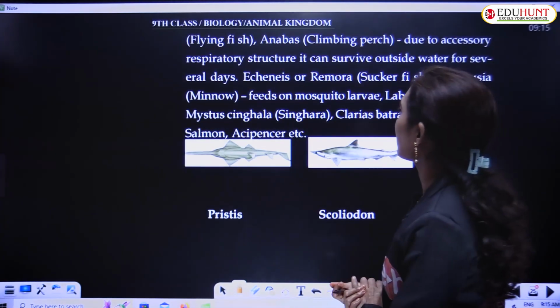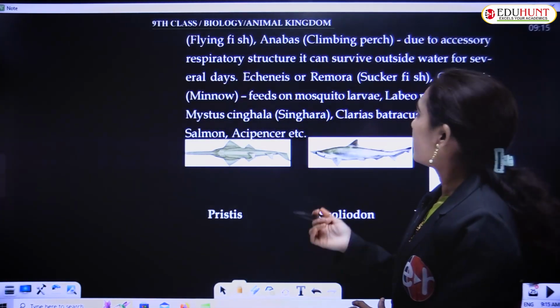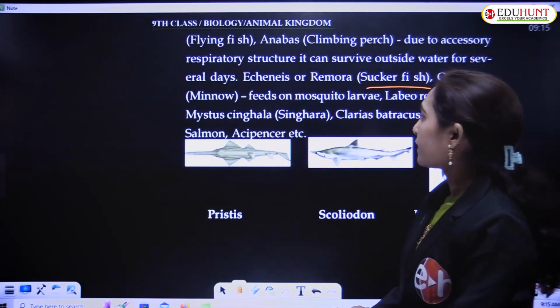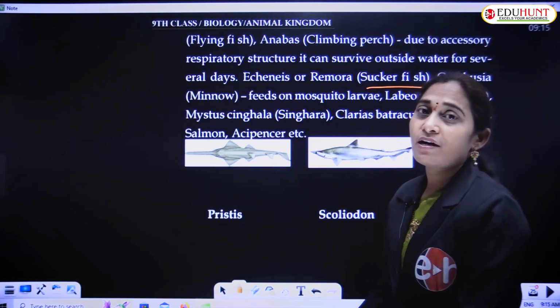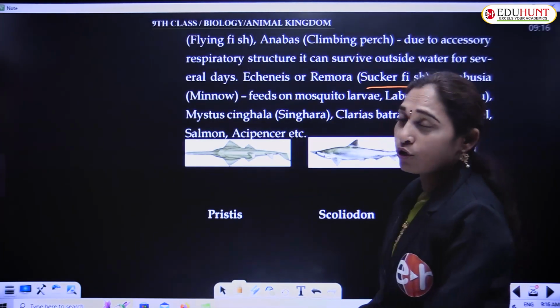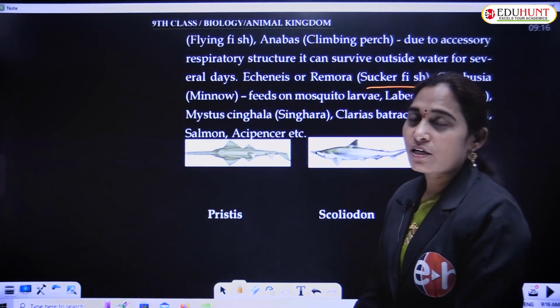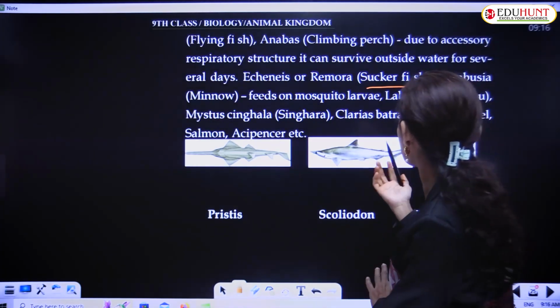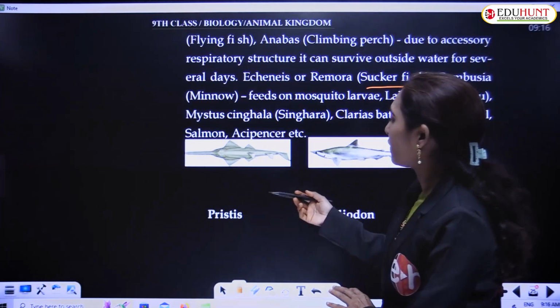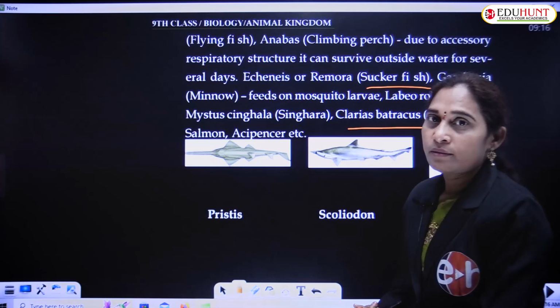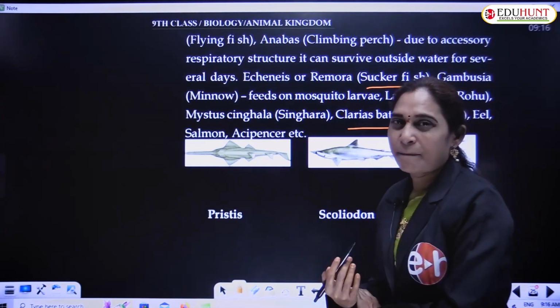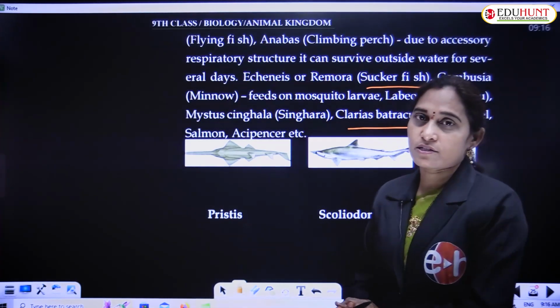Echeneis or remora is the sucker fish, and Gambusia affinis, minnow, is a larva feeder. I'll show you the pictures of each one of these examples in detail in the next session.